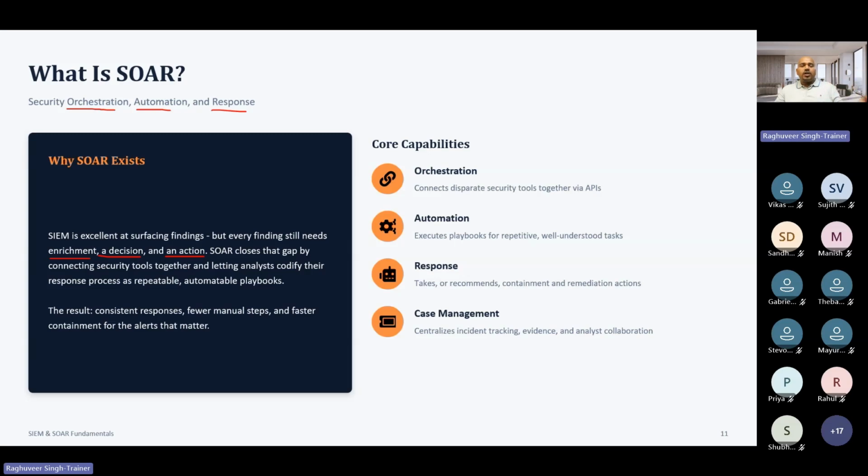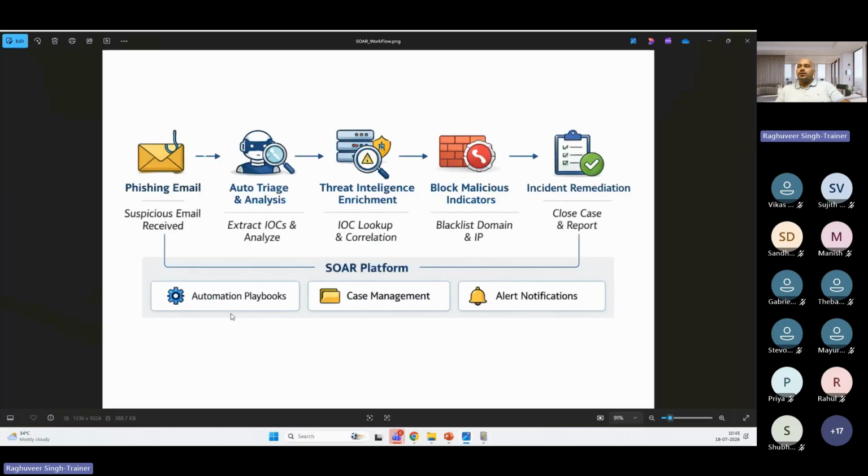It will add that file hash into indicators of compromise, and block the IP address in the firewall policy, because in a firewall policy you can block both IP addresses as well as domains. That's what SOAR is all about, and that's exactly what you see here in this example.